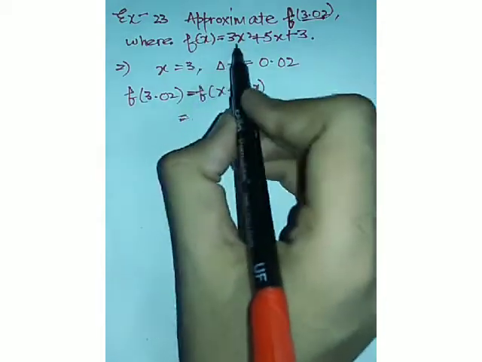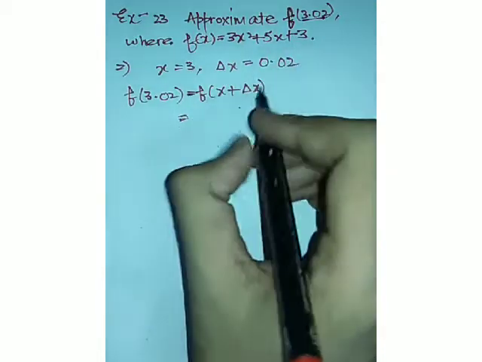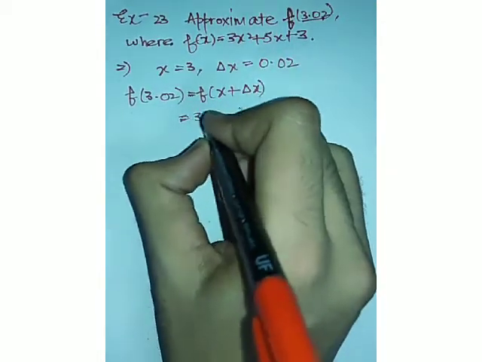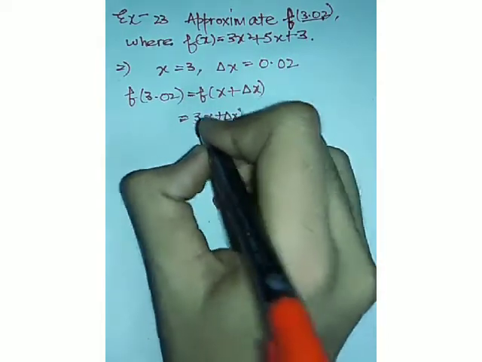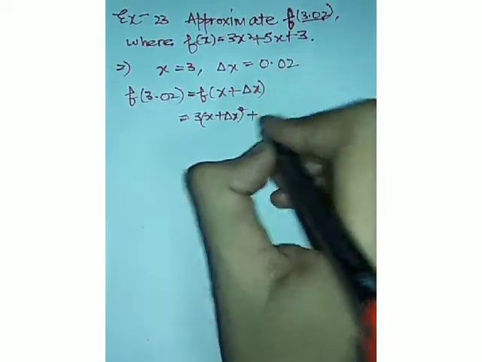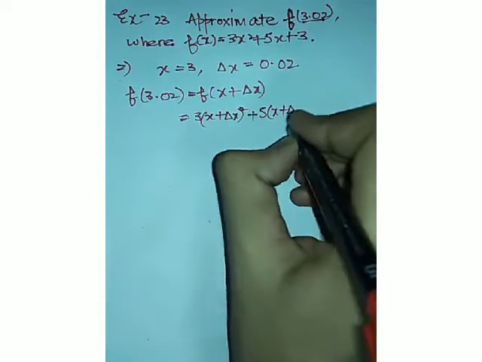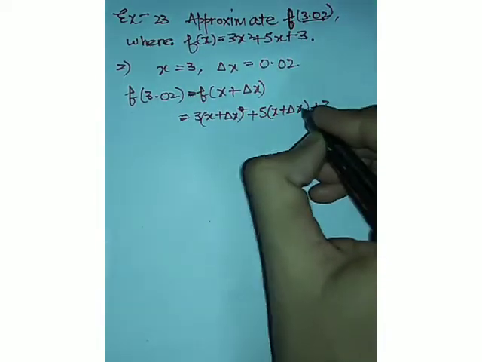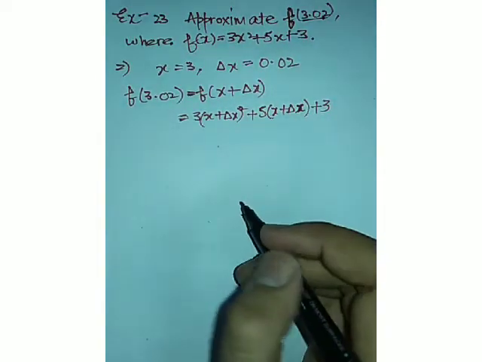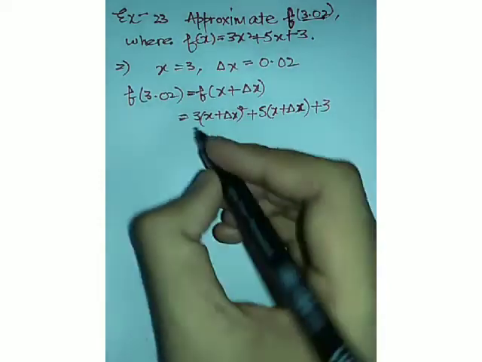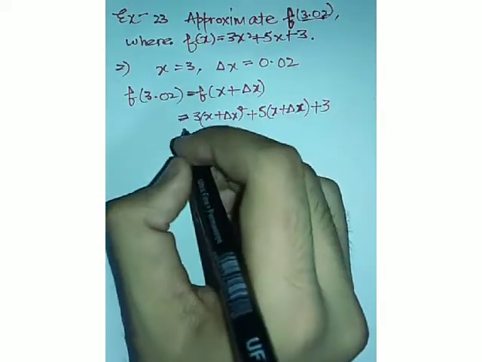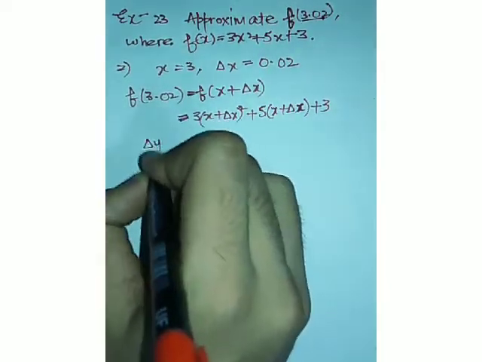So now we have f of x is equal to this. So f of x plus delta x will be equal to 3 times x plus delta x whole square plus 5 times x plus delta x plus 3. Clear? This is our required statement. Now we again find the value of delta y. What is the formula for finding delta y?